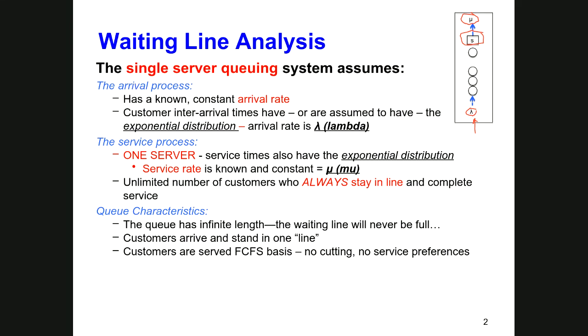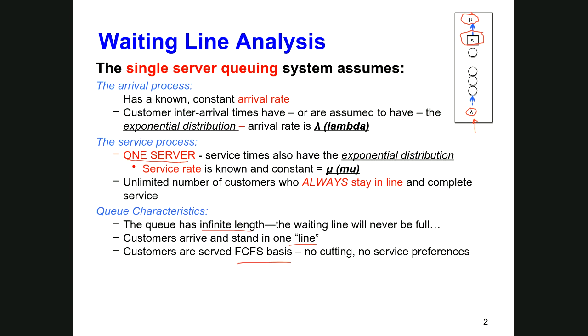And again, the key thing for this is one server. The queue is infinite in length. There's no limit. Once a customer enters in line, they stay in line, and they're served first come, first served.